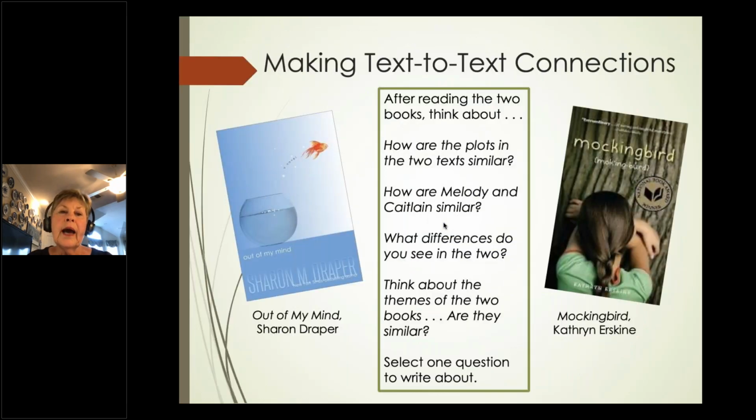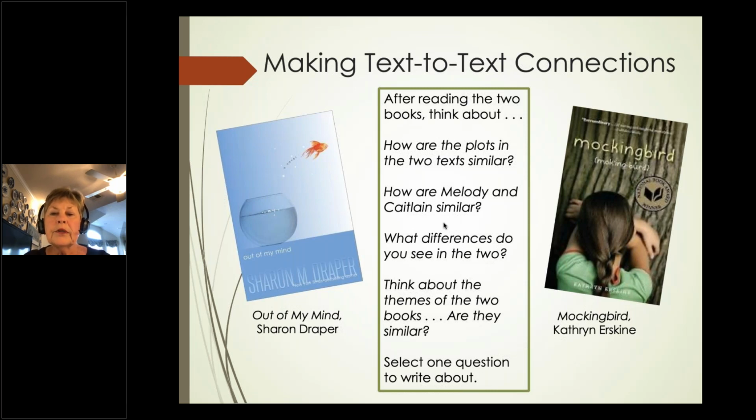I think one thing that we can perhaps be more intentional about during these days when we're all struggling to figure out how to keep kids engaged and also to make the learning meaningful, is to pair texts in a way that kids will actually see two different texts that have some similar plots.